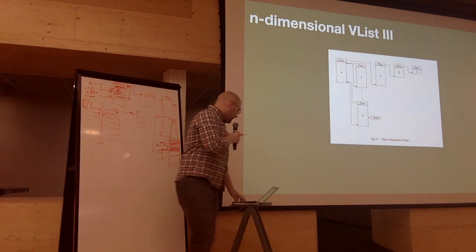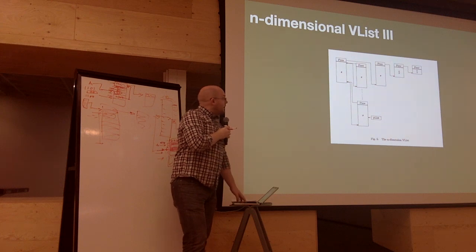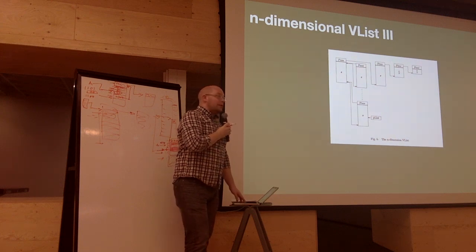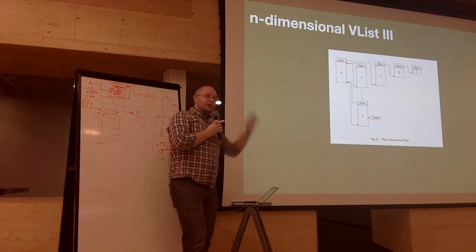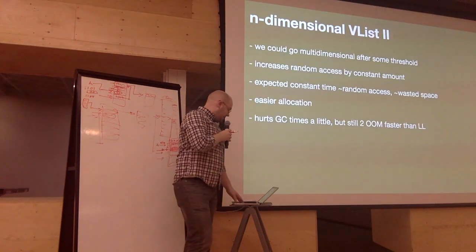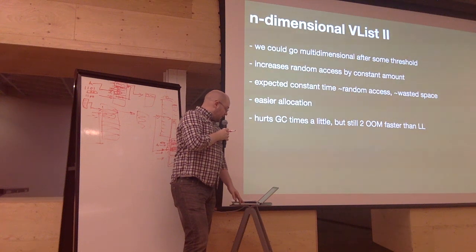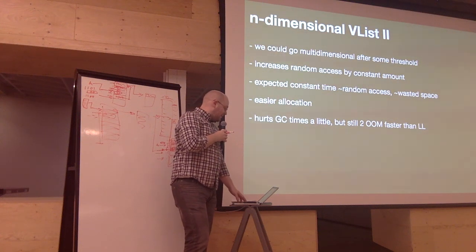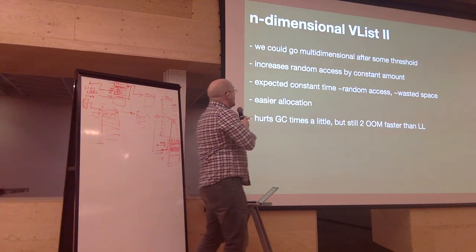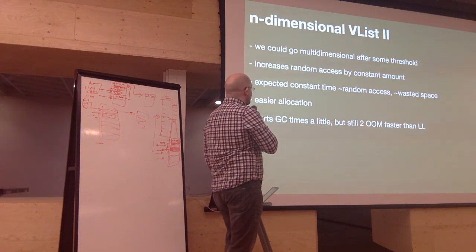We gain much nicer garbage collection properties. We gain much nicer allocation properties, so we more rarely have to do a full defrag to fit one of these in, because we're not trying to load in these huge blocks. So we still have our expected time random access, and our more or less linear wasted space, with much less than a linked list.